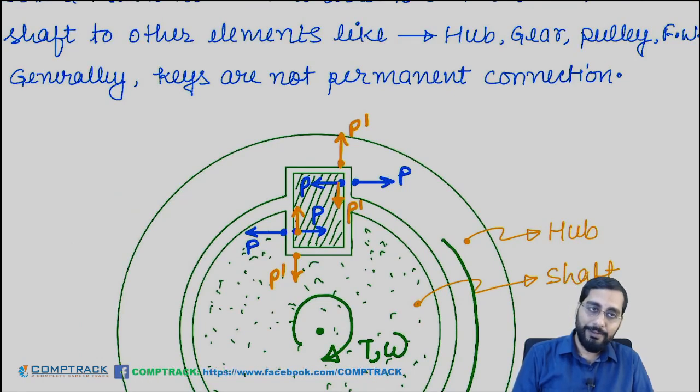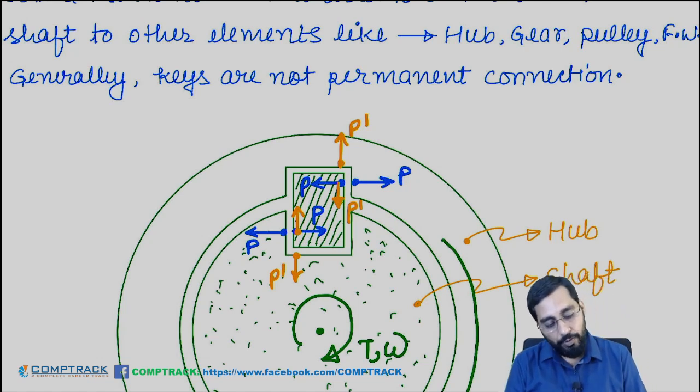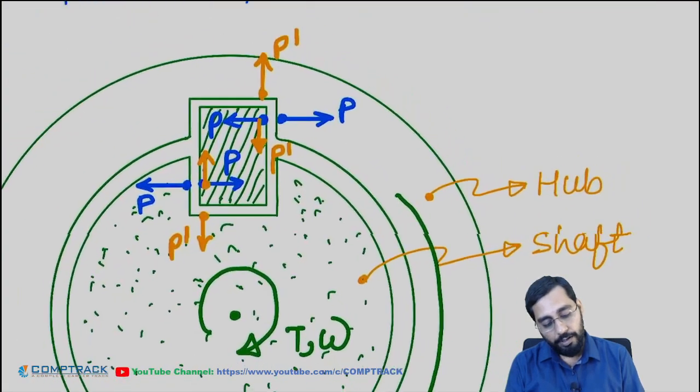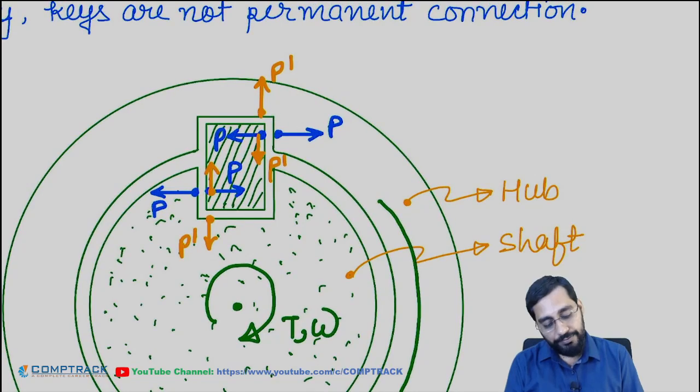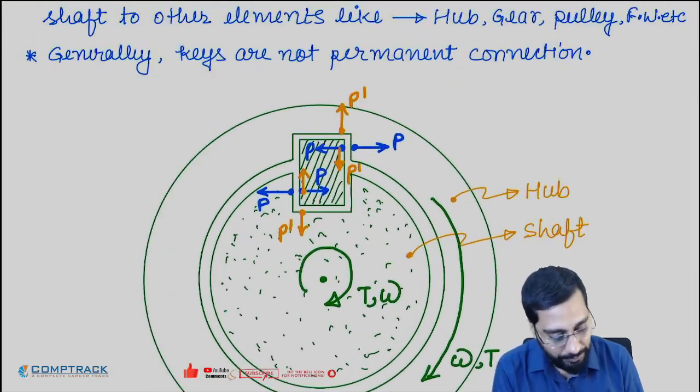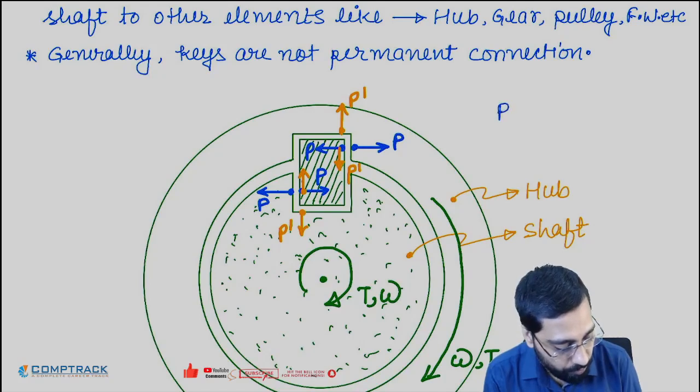So here P and P dash will be equal for the square key. Because if this dimension and this dimension are same, then you can say P dash will be equal to P for square key.